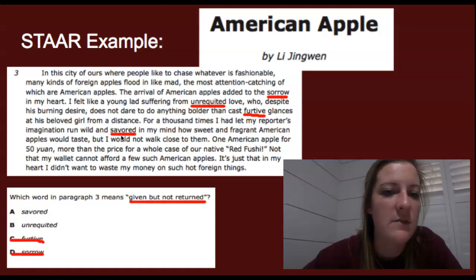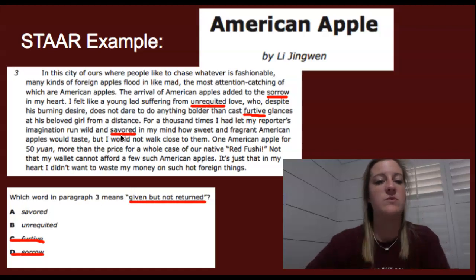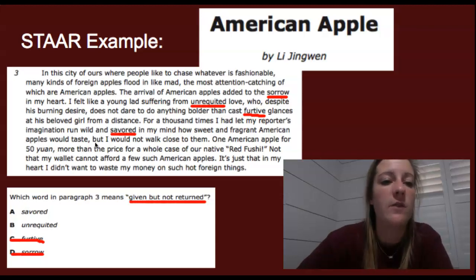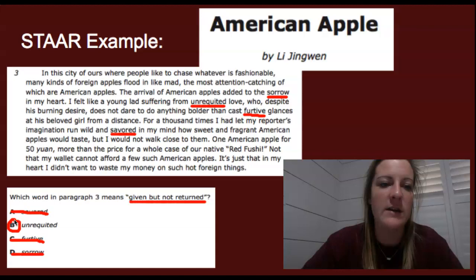For 1,000 times I had let my reporter's imagination run wild and savored in my mind how sweet and fragrant American apples would taste. So savored just talks about how sweet and fragrant they would taste. So that's savoring a flavor or a taste. That is not the correct definition here. So the correct answer is B, unrequited.